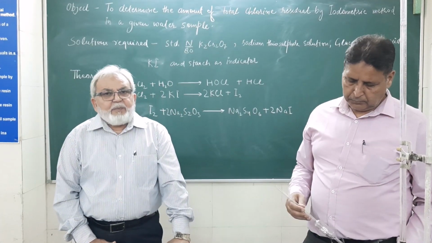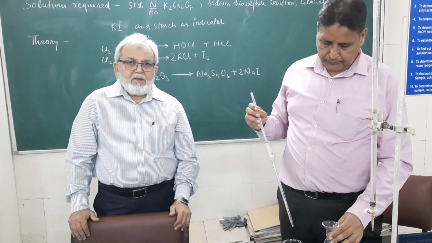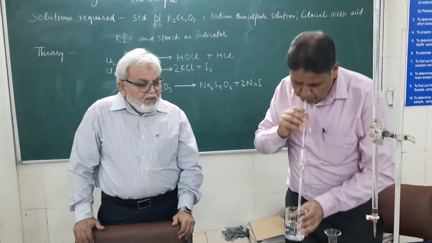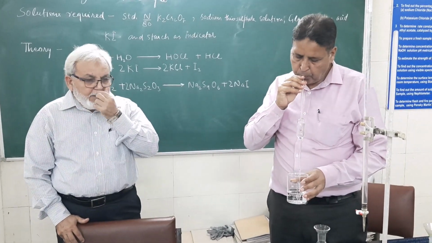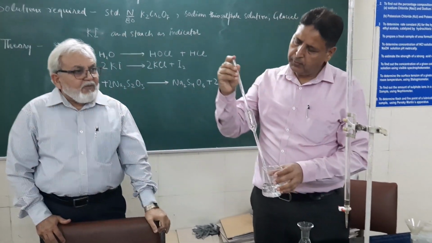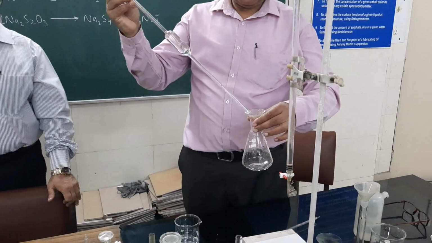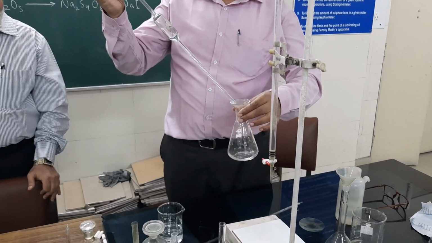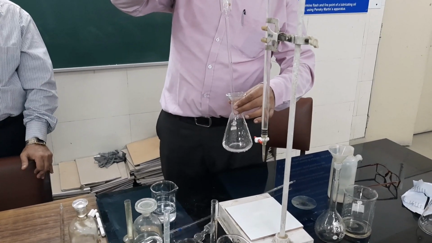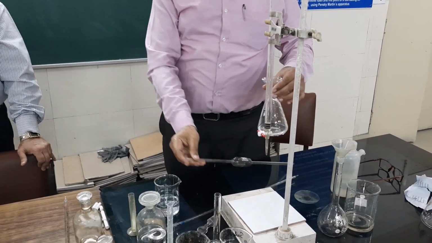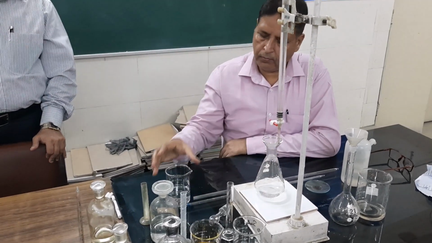Now the second step is to find out the residual chlorine. Now transfer 50 ml of the given water sample into a washed, specially designed conical flask with the help of a pipette of 50 ml capacity.